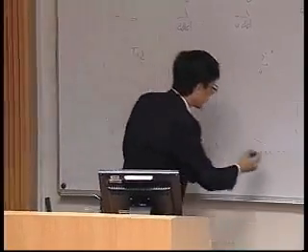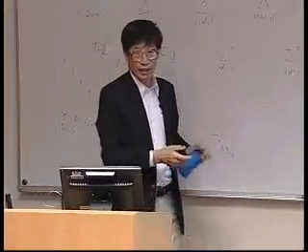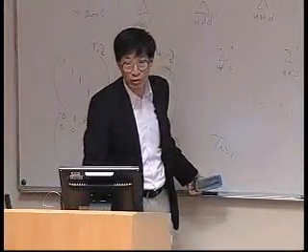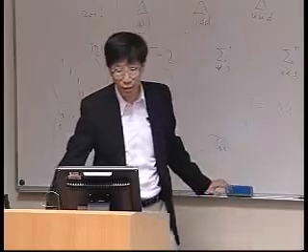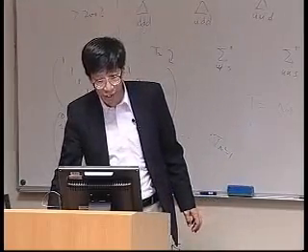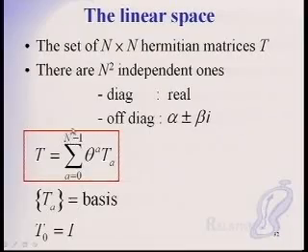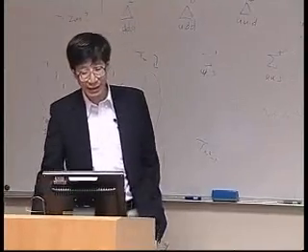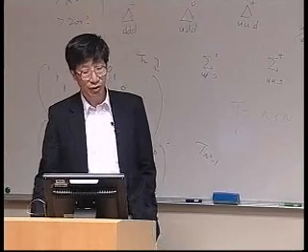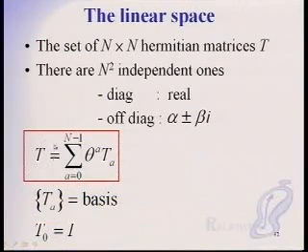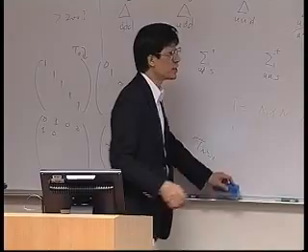So I do the counting from 0 to n squared minus 1. Oh, sorry, a typo. This is n squared minus 1. Okay. The leading one I always take to be the identity. That's just a matter of convention. So any matrix T can be written as a linear combination of these basis matrices. Have we seen this before?